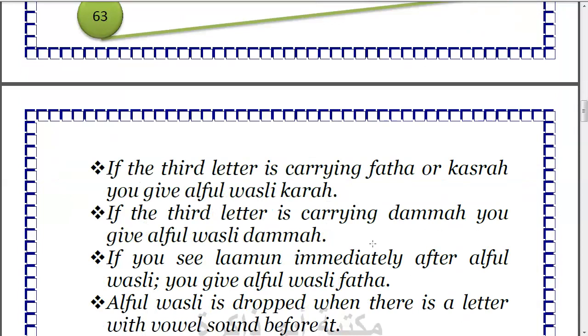Number two: if the third letter is carrying fatha or kasra, you give alif al-wasli kasra. That is the first principle. If the third letter is carrying fatha or kasra, that will determine the kind of vowel sound you give to alif al-wasli, so you give it kasra.